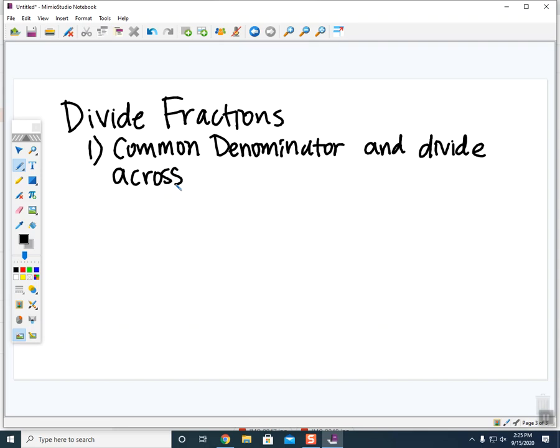So, if I had 3/10 divided by 1/10, I can just divide straight across because I have a common denominator, so this is just going to be 3 over 1, which is 3.